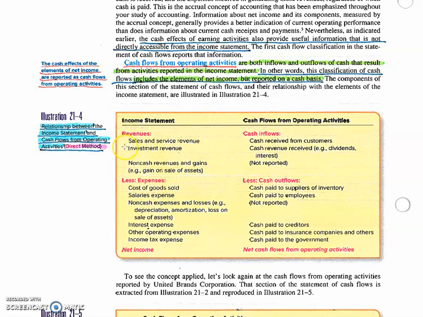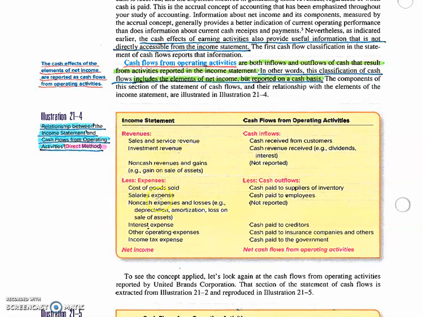We report sales and service revenue. On the statement of cash flows, we want to show cash received from customers under the direct method. Investment revenue, we want to show the cash revenue received. Now, investment revenue might be different from cash received because of the amortization of a premium or discount.